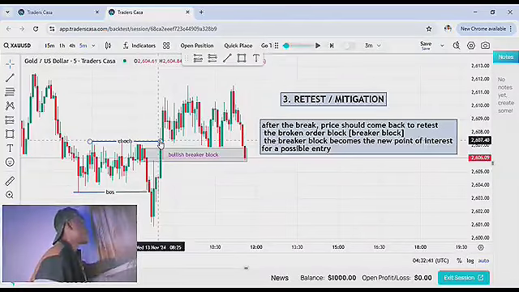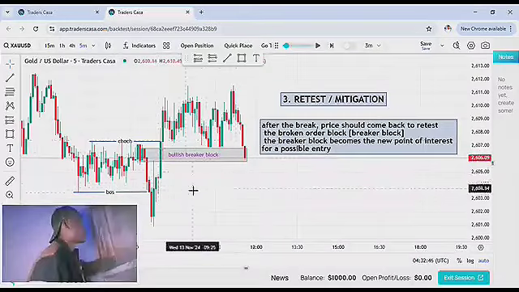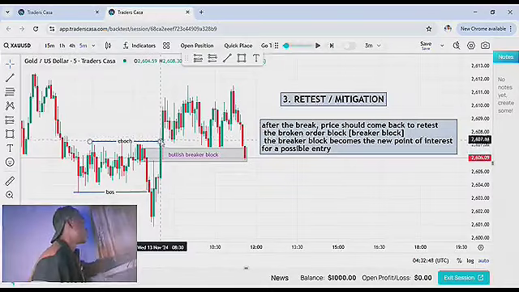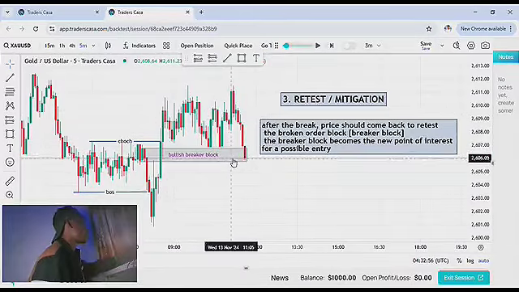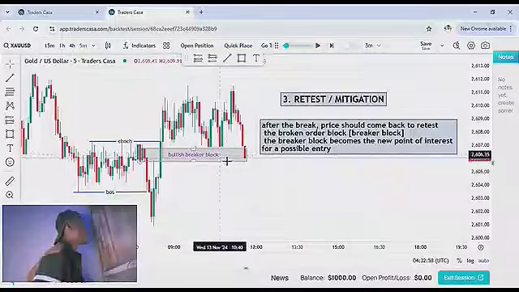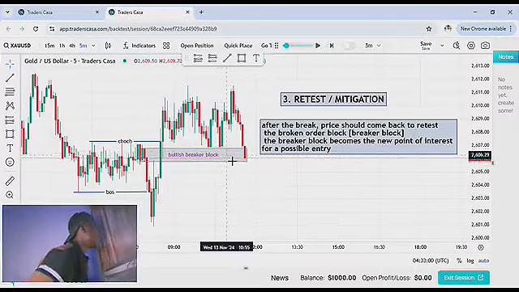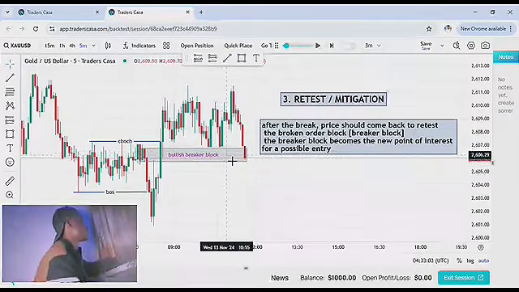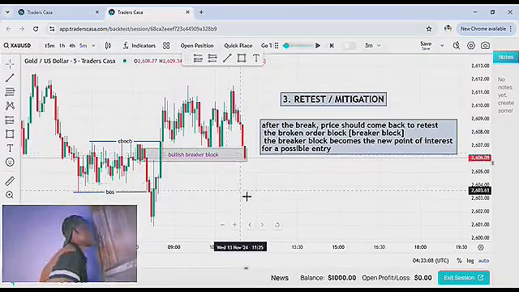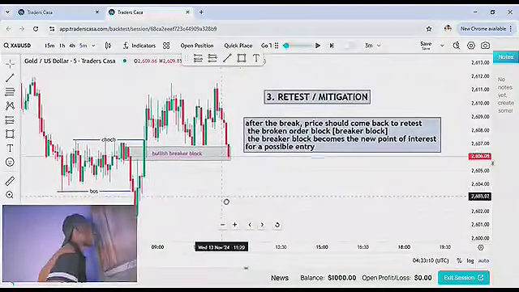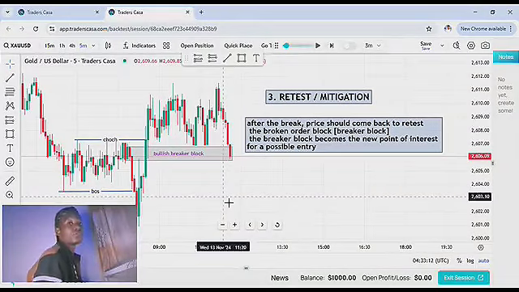You understand? So after price has broken this structure, price should at least come back to retest the breaker block, to retest the broken order block, which is now called a breaker block, because it is a new point of interest where you can join the market. You understand? So price should retest it.